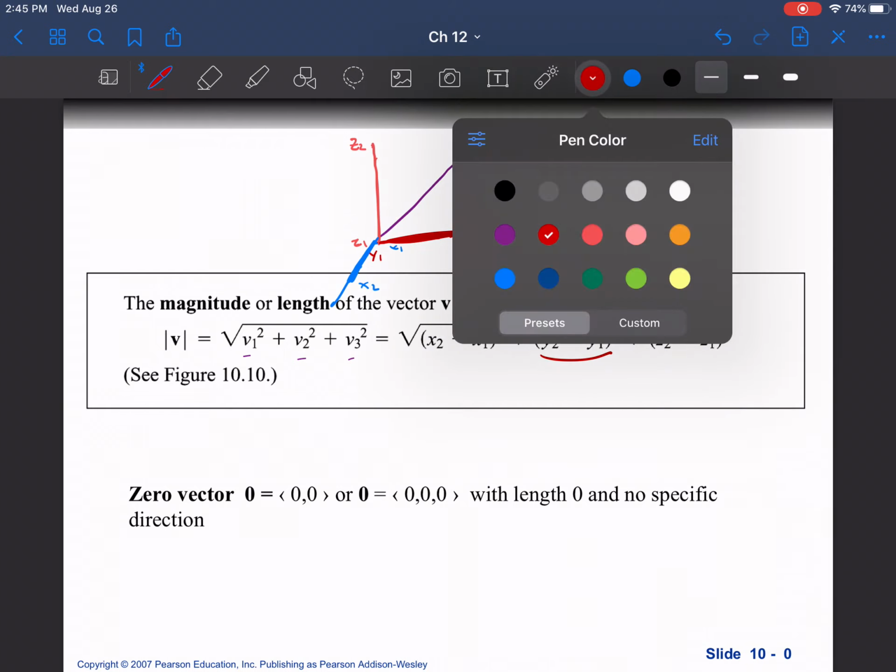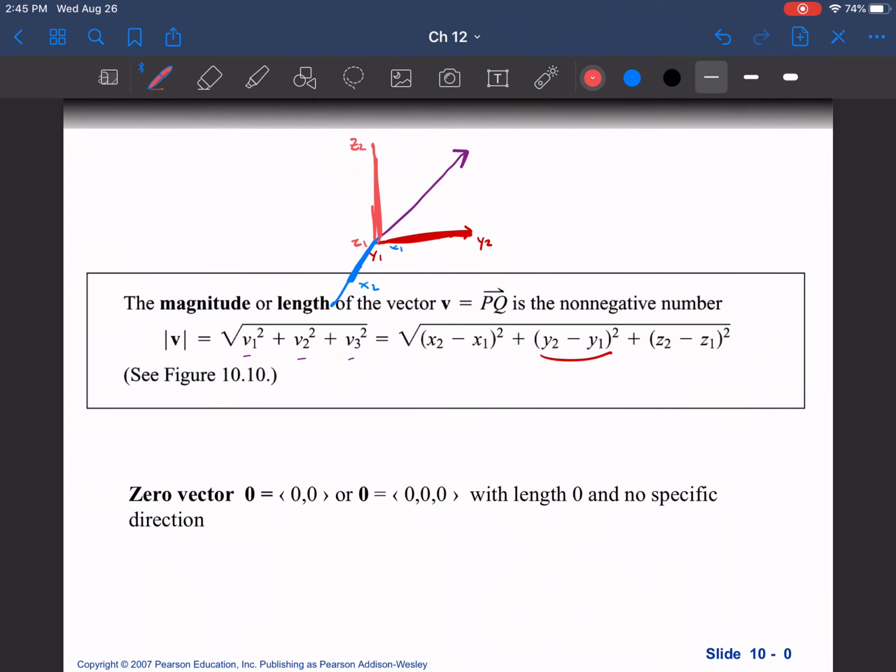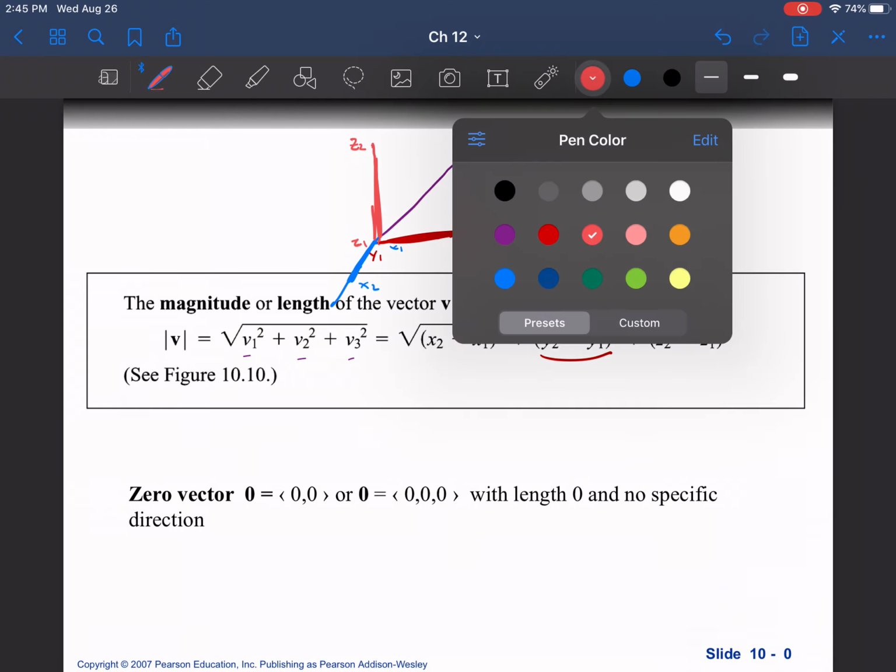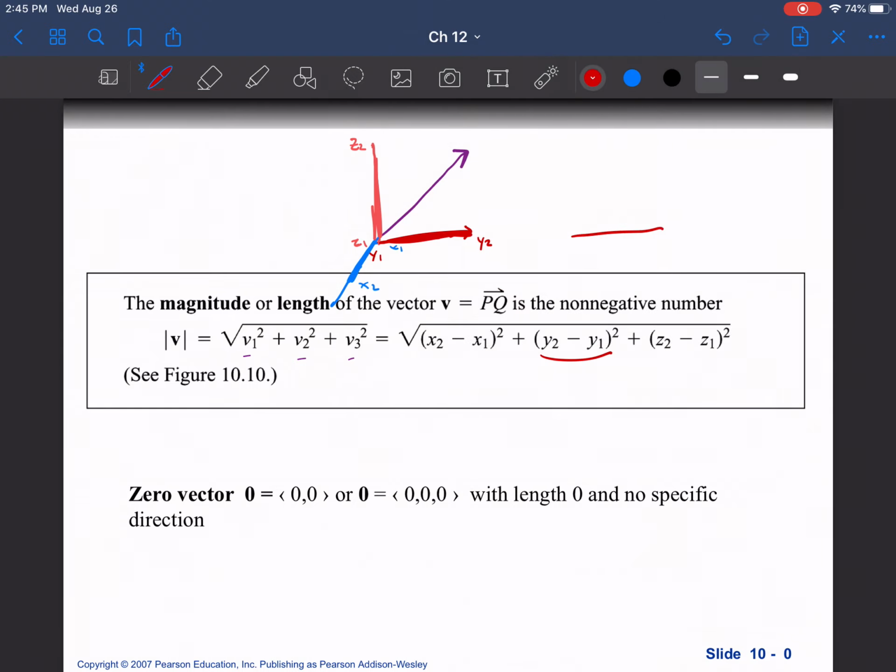So all 3 of those together would give us our original vector. It would go this far that way, then up this amount, and then back over this way this amount, and that would be our original vector pointing out to that point from where we started.